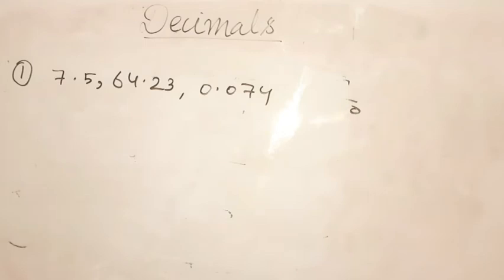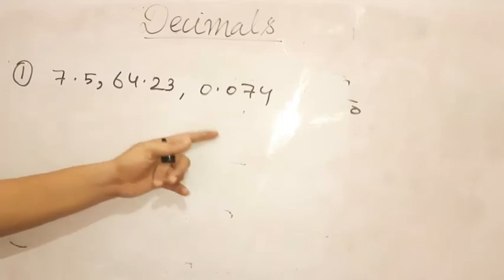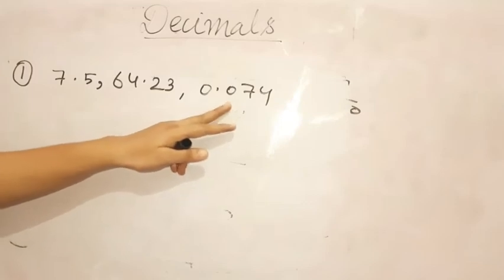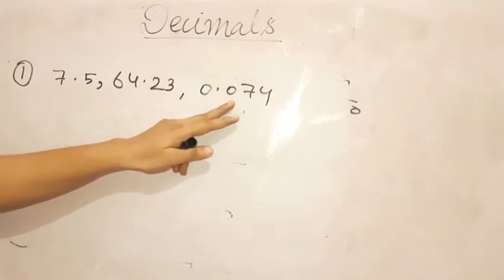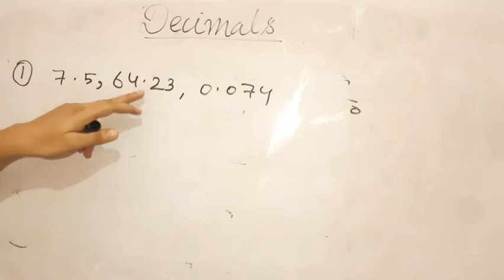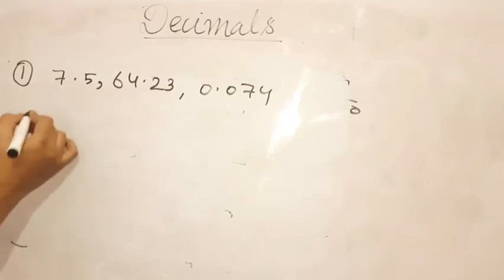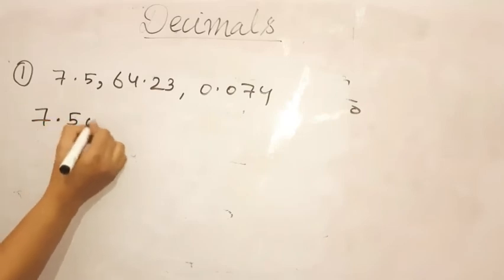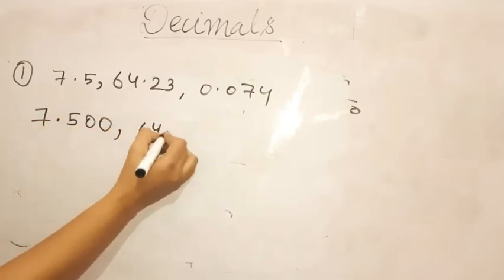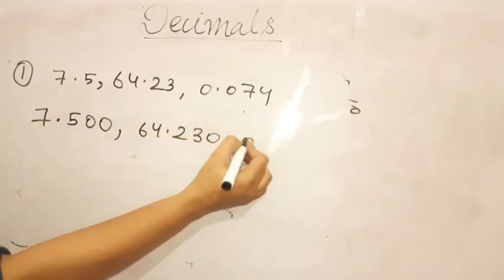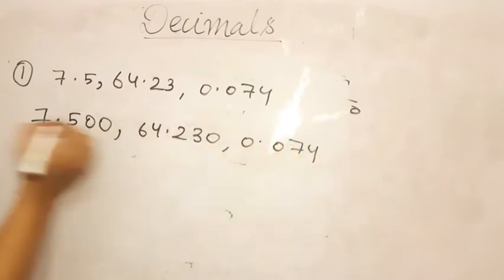So to convert any decimal number into a like decimal number, check for the decimal number having the highest number of decimal places. So in all the three numbers, the third number is having highest number of decimal places. That means it is having 3 places. So we have to give 3 places here also and 3 places on this number also. So to convert them into like decimals, it will be 7.500, 64.230 and then 0.074. This is the answer.